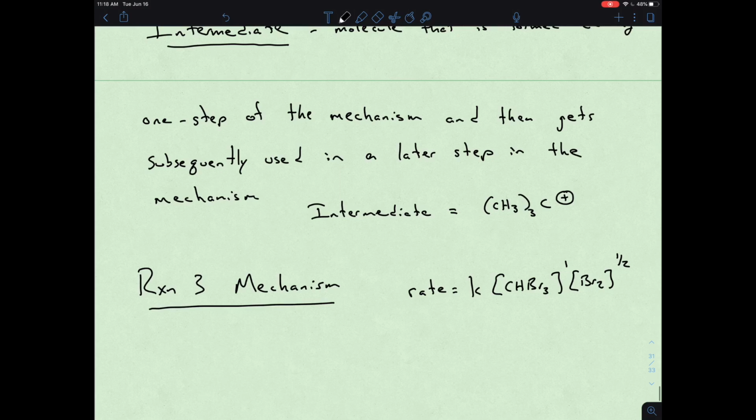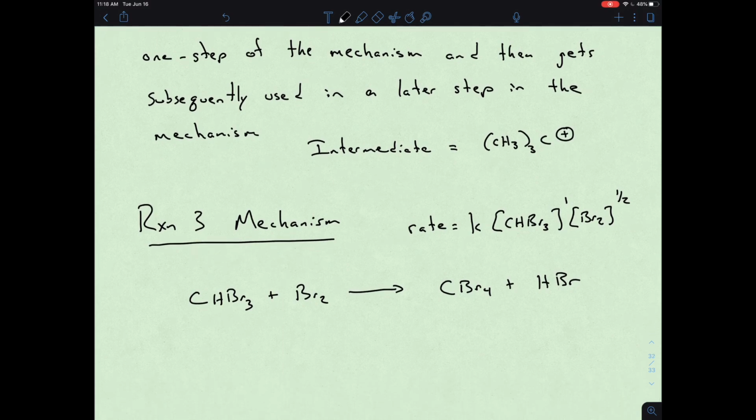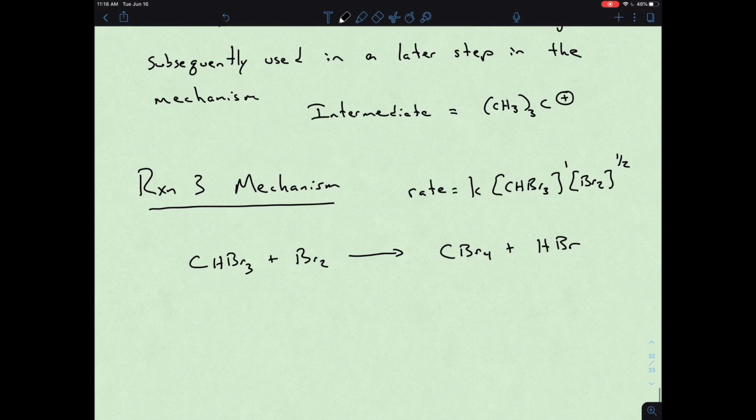And our reaction was, starting with those two materials, and they were reacting to form CBr4 and HBr. And so this mechanism is definitely much more intricate, and also has an additional feature. So there was our reaction, just to remind us.